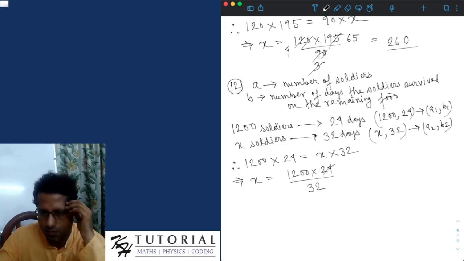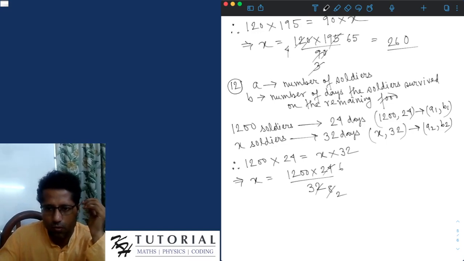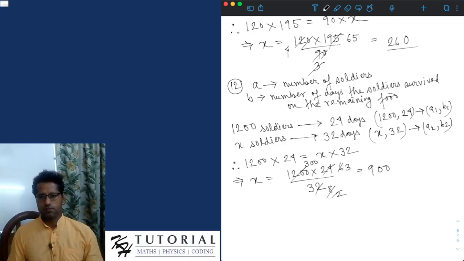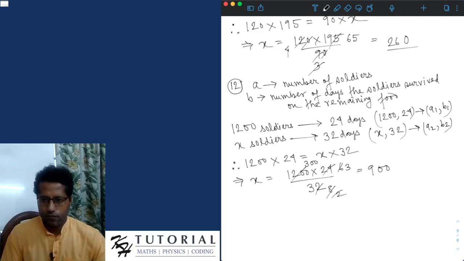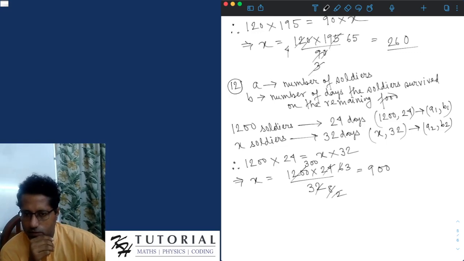So this is 4, 6, 4, 8, and 4, 2, 4, 300. This is 3. This is 900. So 900 soldiers. After 4 days, 900 soldiers were actually served by the remaining food that lasted for 32 days.